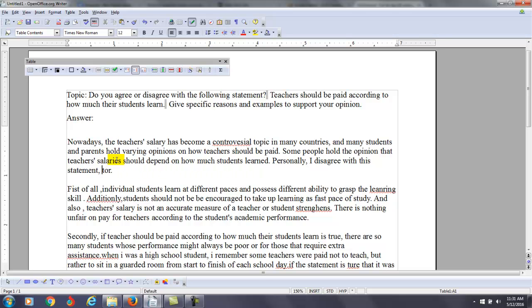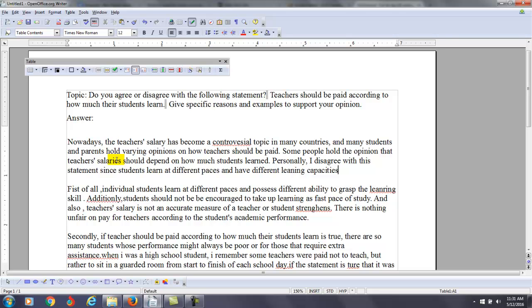So you don't really have a thesis, so I'm going to take some points from your body paragraphs. So that's one point. I disagree with this statement.